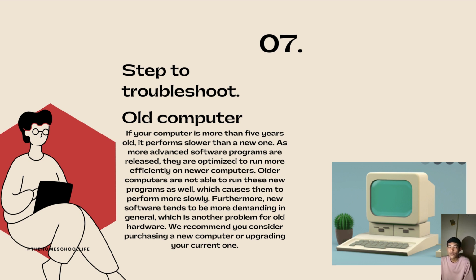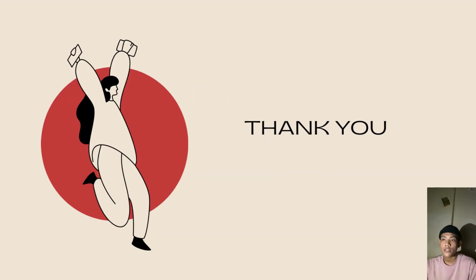Furthermore, new software tends to be more demanding in general, which is another problem for older hardware. We recommend you consider purchasing a new computer or upgrading your current one.